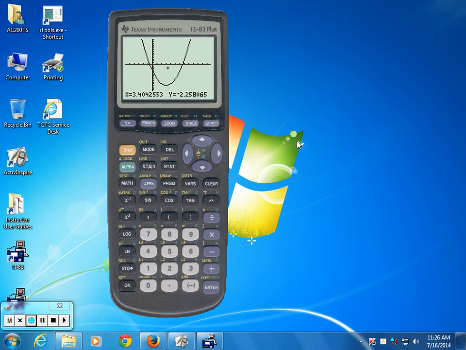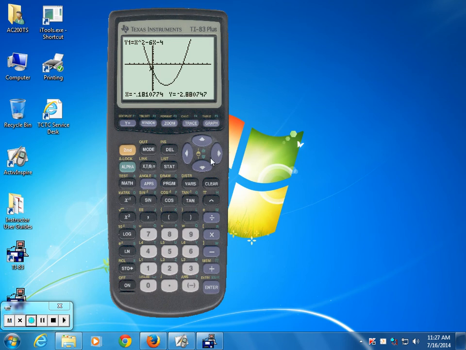And of course, if you want to find your Y-intercepts or your X-intercepts, you can do it roughly by hitting trace and then find the vertex. That's your lowest point right about there. Our vertex is 3 and -13. Let's find our Y-intercept.